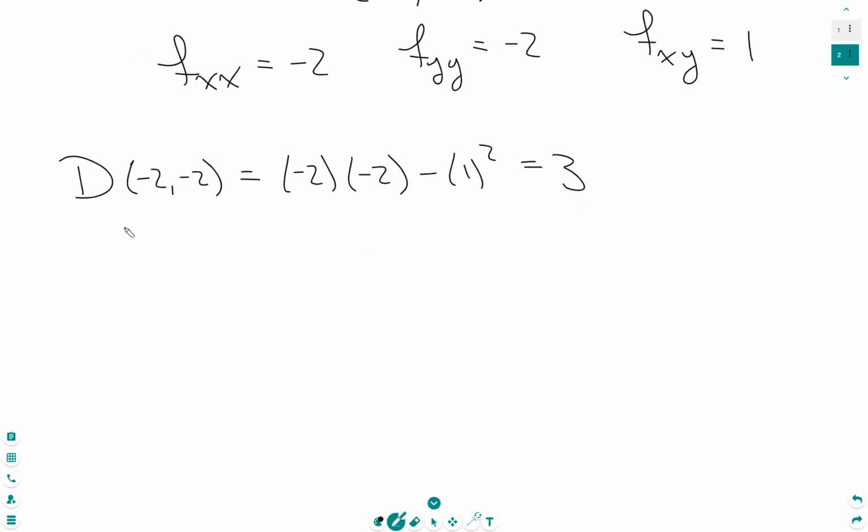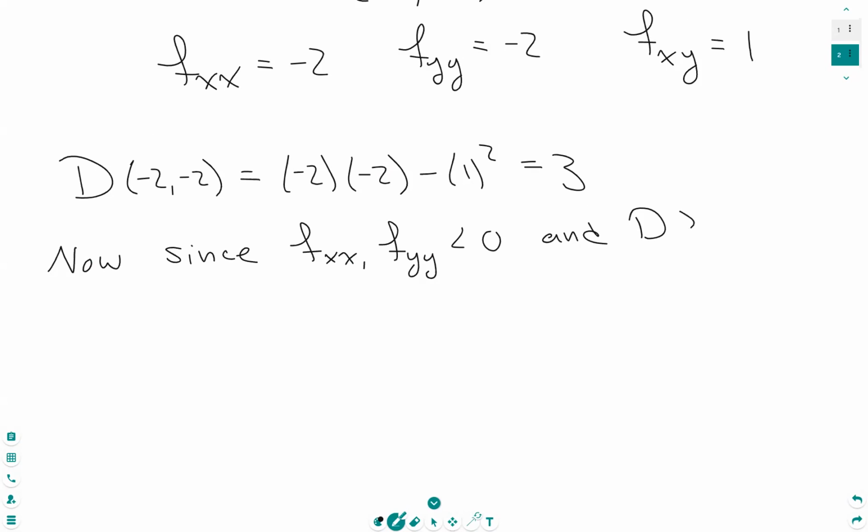Since they're negative, we can say either fxx or fyy is negative and D is positive, we know that (-2, -2) is a local max.